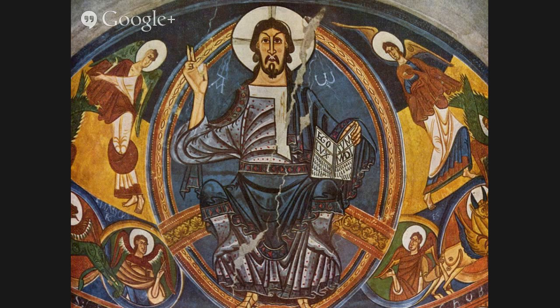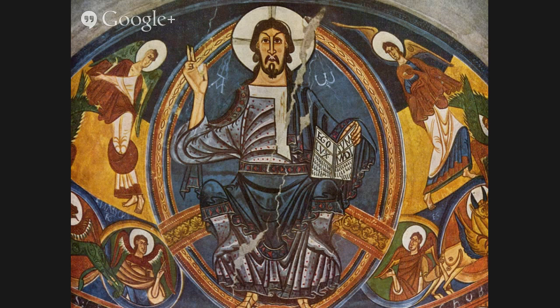So here is Jesus seated on his throne. He's surrounded by those four creatures that represent the gospel writers: Matthew, Mark, Luke, and John. Here they have angels with an animal next to them, so it's kind of a different variety.